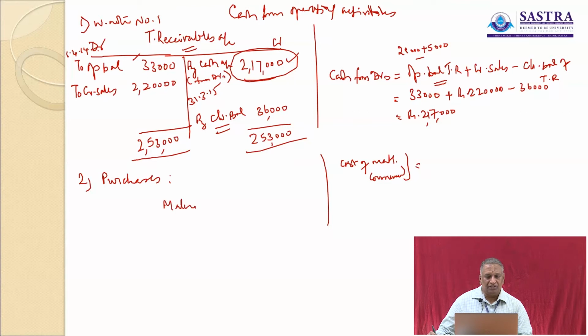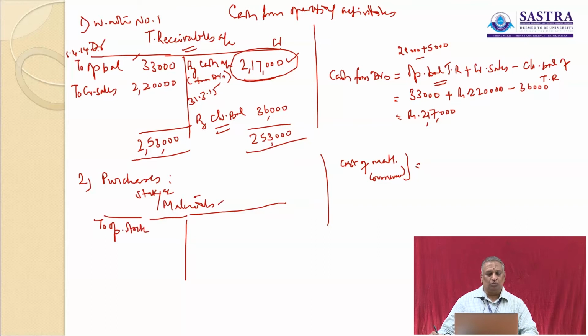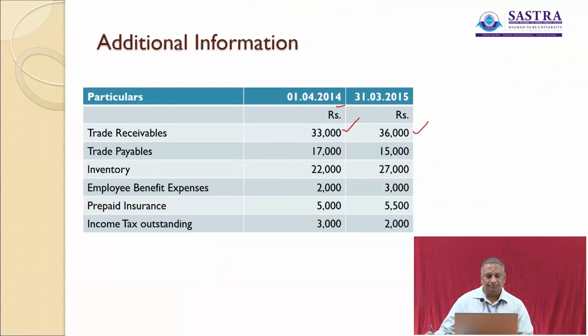If you prepare in the form of a ledger, materials consumed, you will be taking opening stock here, to opening stock. Again, you have to prepare a stock ledger to find out the materials consumed. You have to consider the opening stock and closing stock. Being an asset item, opening will appear on the debit side and closing will appear on the credit side.